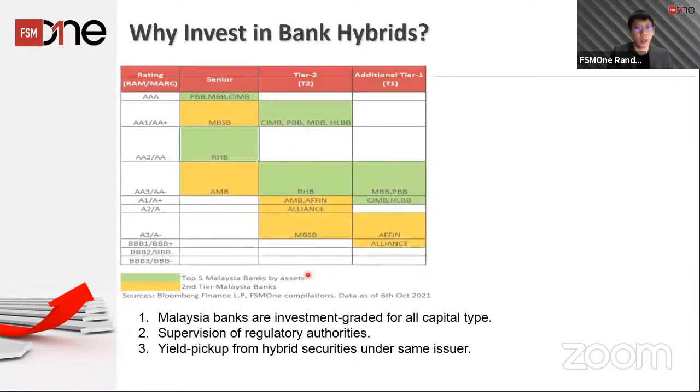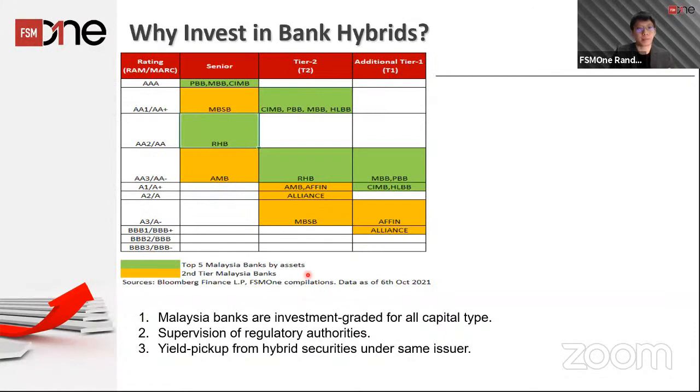As you can see in the table, which shows the banks ranked by capital structure, senior, tier 2 and AT1, among all the top 5 banks they are ranked at least AA and above. And the medium-sized banks are ranked at least single A and above as well, which shows a strong credit profile to honor all the debt obligations.